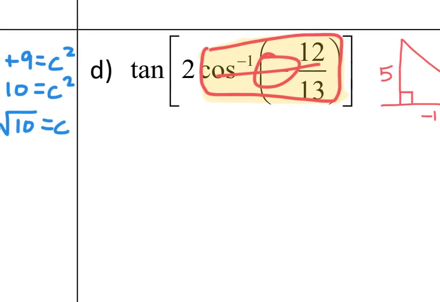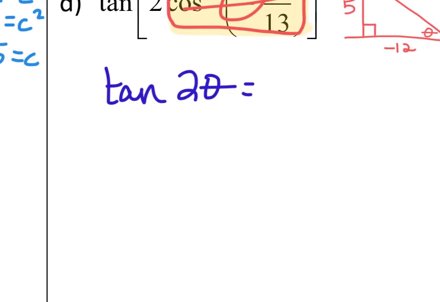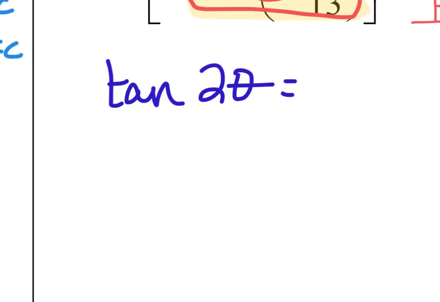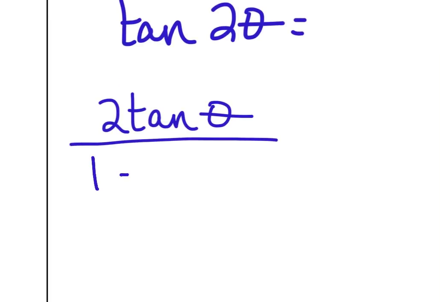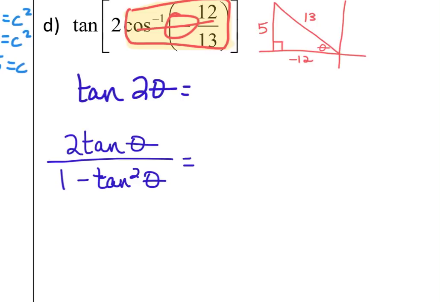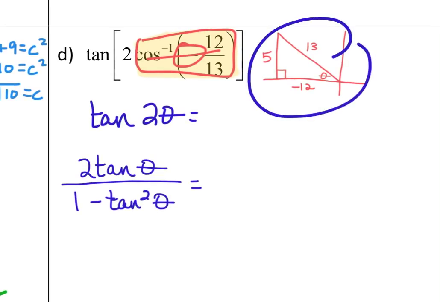And so this problem is asking, what is the tangent of 2 theta? So find that on your formula sheet, and your formula sheet should say that the tangent of 2 theta is 2 tangent of theta all over 1 minus tangent squared of theta. Well, based on this triangle that I just drew, tangent of theta is negative 5/12.